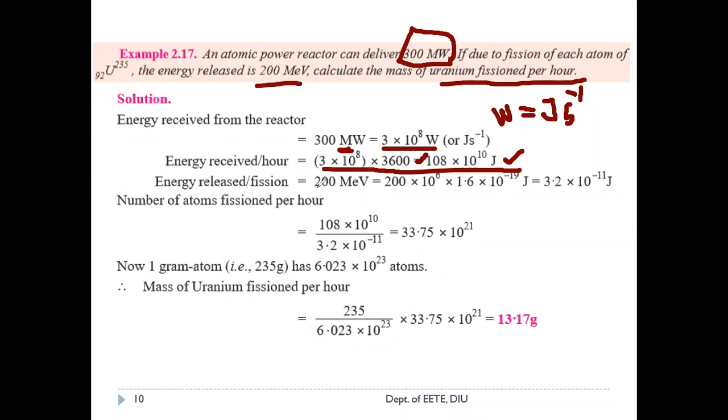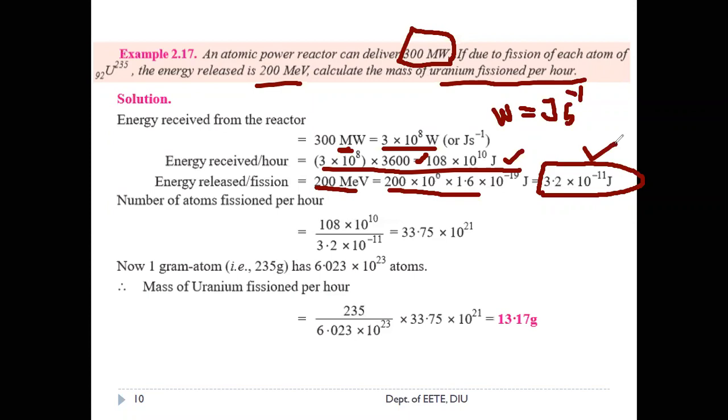If we make it a simpler expression, 200 becomes 3.6 into 10 to the power minus 12. You put the value mega for 10 to the power 6, and 1 electron volt is 1.6 into 10 to the power minus 19. So this is 3.2 into 10 to the power minus 11 joule, and it is for one atom. So we get the heat for one atom.